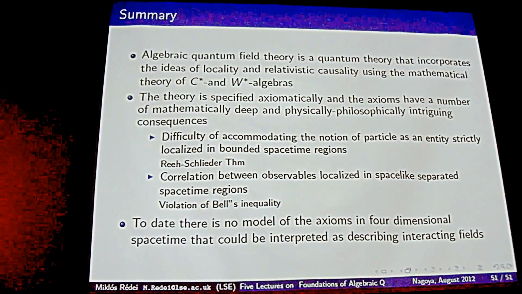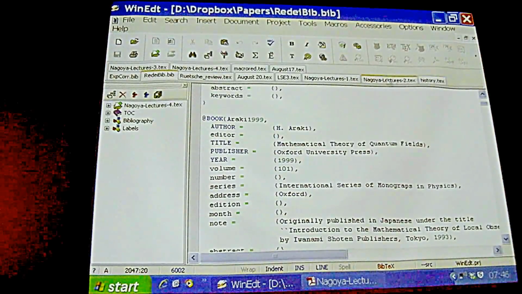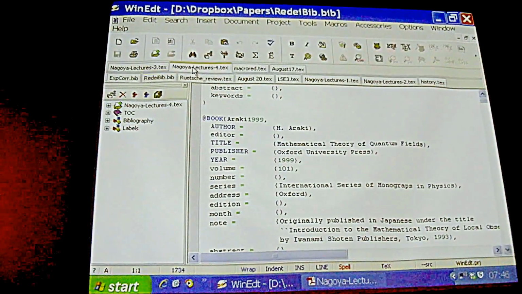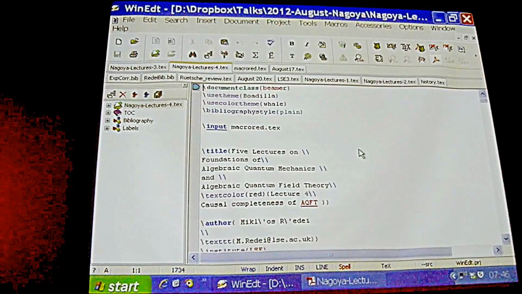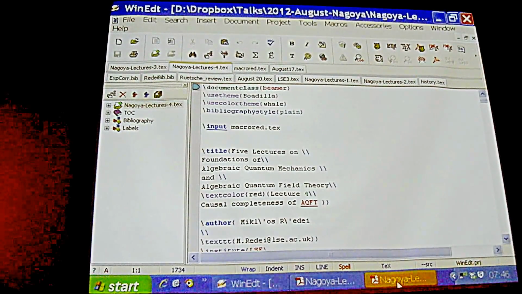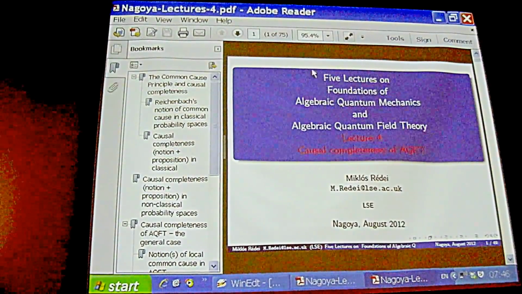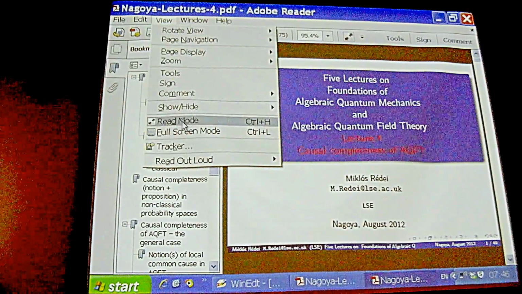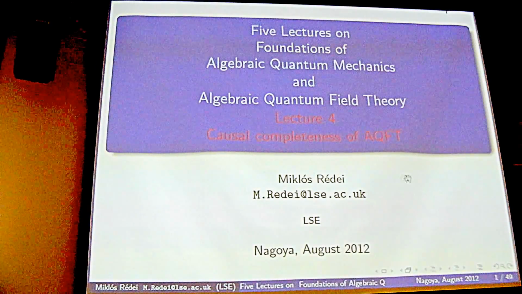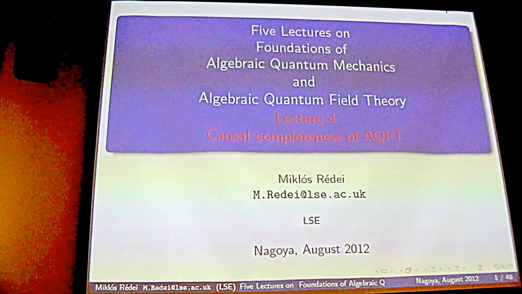So let's go to lecture number 4. This is devoted to the topic of causal completeness of quantum field theory.